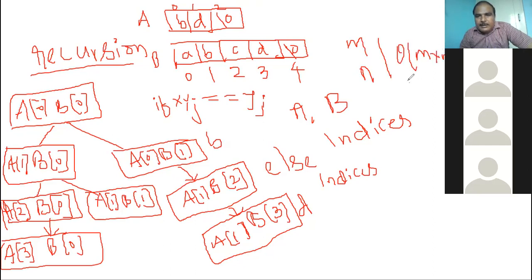That is the problem in the recursive approach: it has to check all possible combinations, so the time complexity is more.